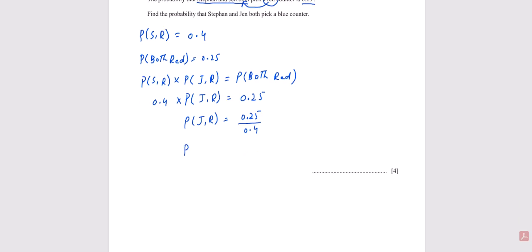Calculate these values, we get the probability of Jen picking a red counter equal to 0.625.